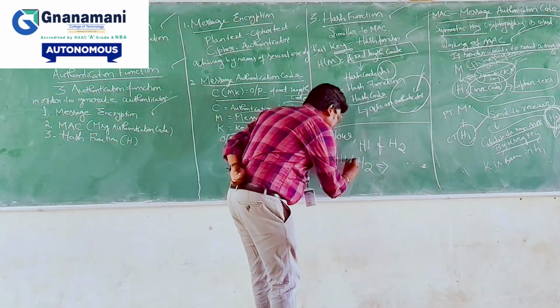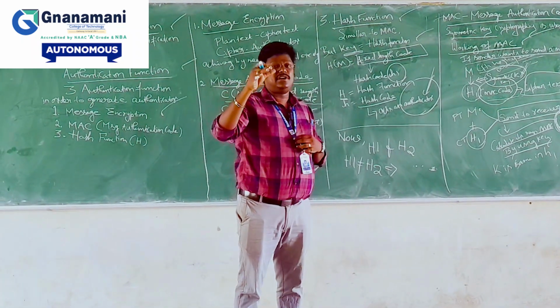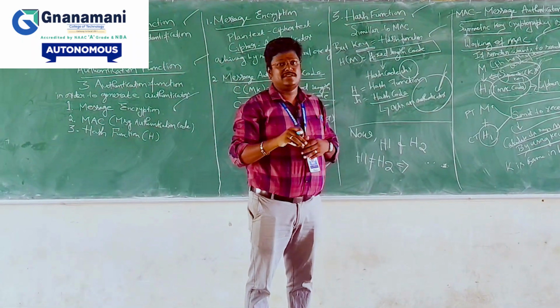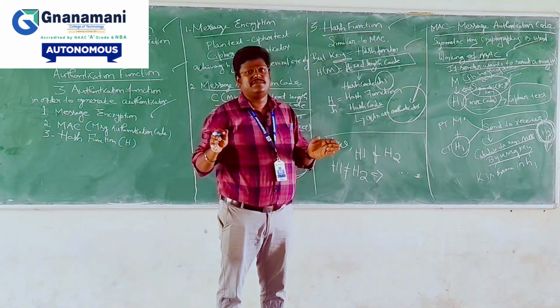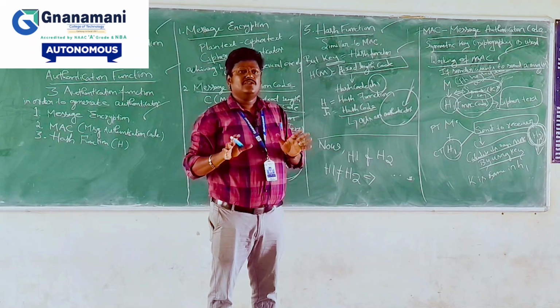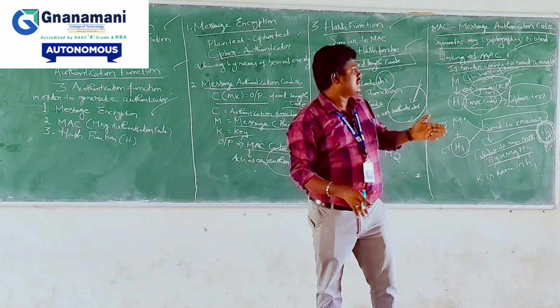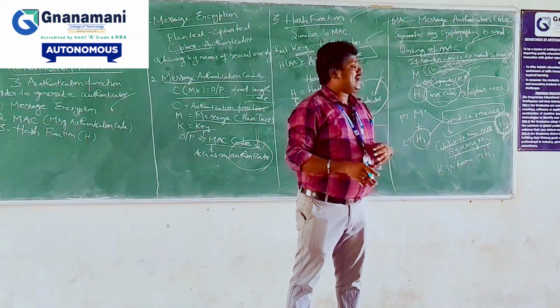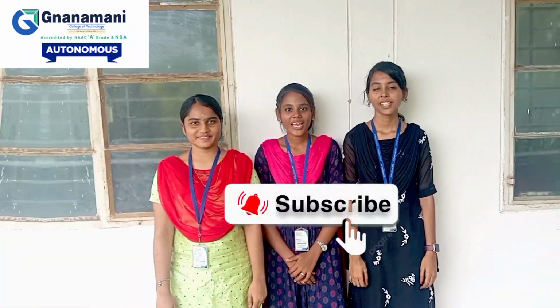If it is not equal, then something happened: some interruption happened in the middle and someone modified our message, so we are not receiving the message perfectly. So this is the detail about the authentication function and the message authentication code. Okay, thank you for your understanding.